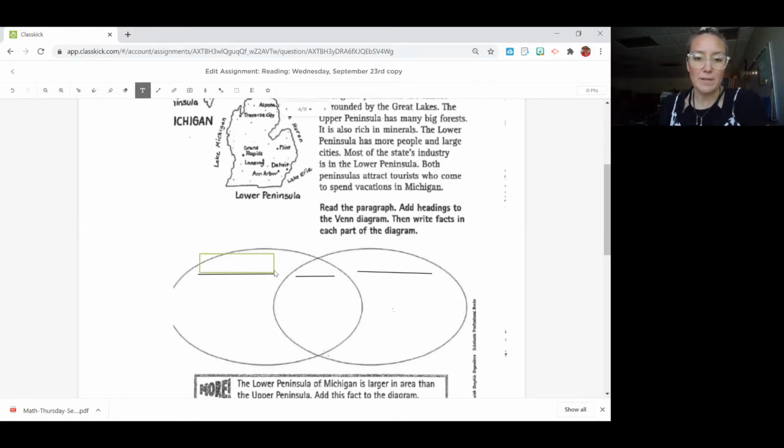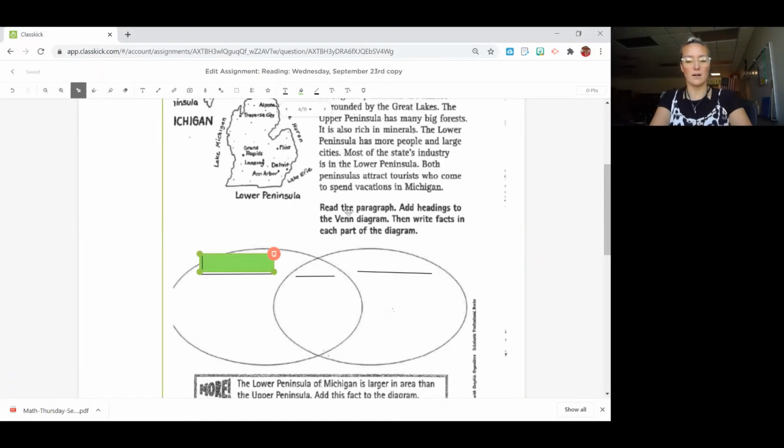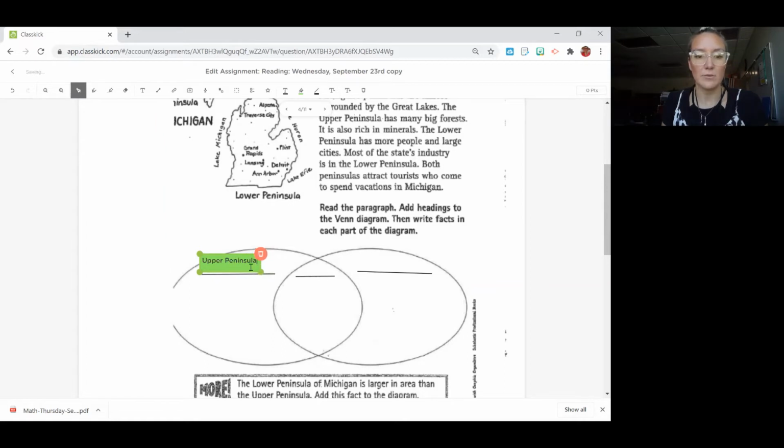Let's write Upper Peninsula on the left side of the diagram. And we'll put Lower Peninsula on the right side.